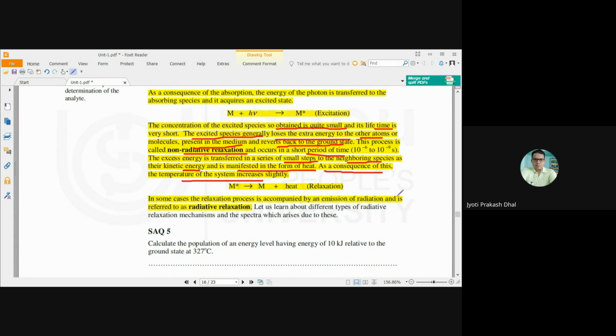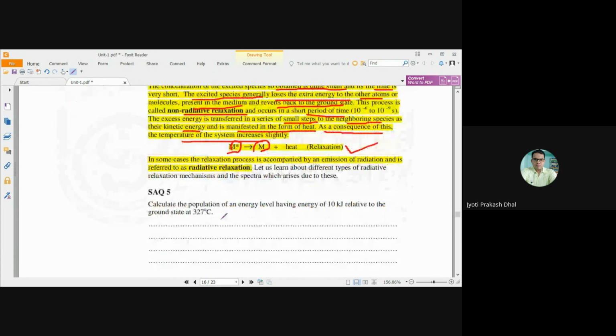So the excited molecule comes back to the ground state by emitting heat. That process is called relaxation, and this is non-radiative relaxation. Non-radiative relaxations are not generally associated with spectroscopy. In some cases, the relaxation process is accompanied by emission of radiation and is referred to as radiative relaxation.